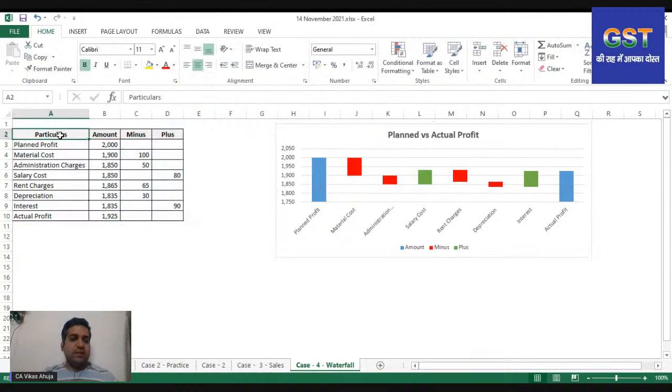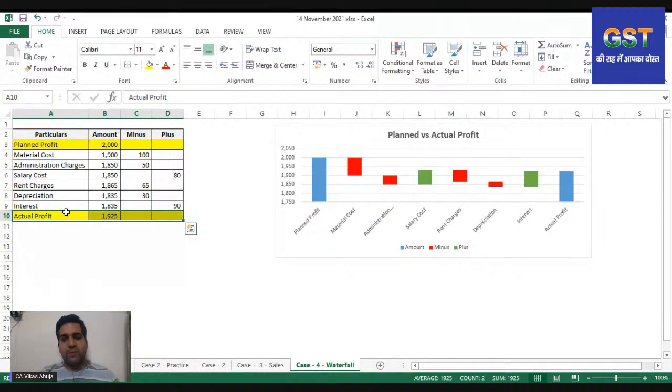So what I've done is, let's say there are two elements which are obviously clearly available to us when we start looking at things. One is our planned profit, and one is the actual profit.